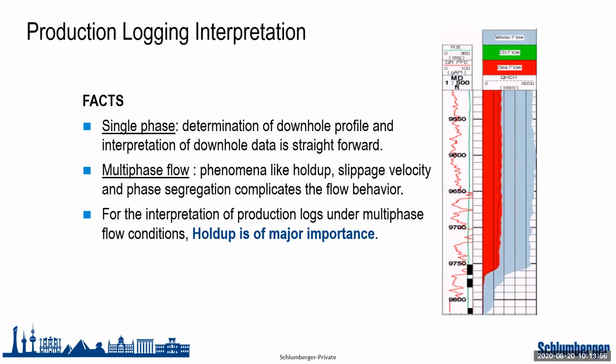We also need to determine something called a slippage velocity. All this will complicate the way the spinner is going to rotate. So it's very important that we have holdup sensors in this case, and our interpretation model will have what we call slippage correlations that will help us reach a conclusion. So the holdup is basically of major importance in multiphase flow production logging interpretation.